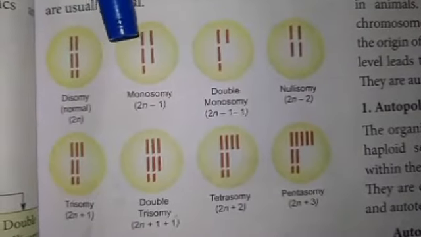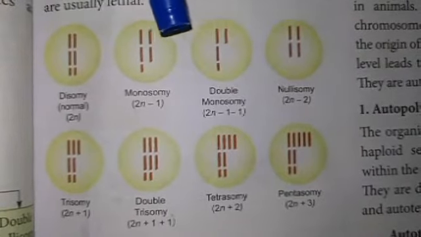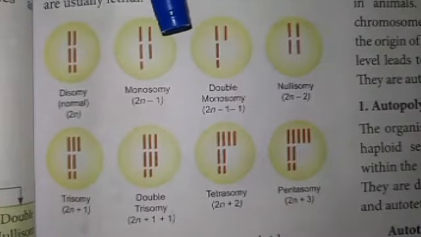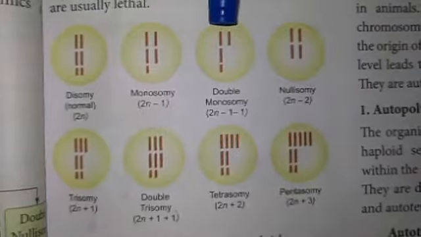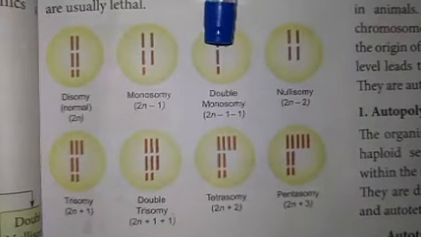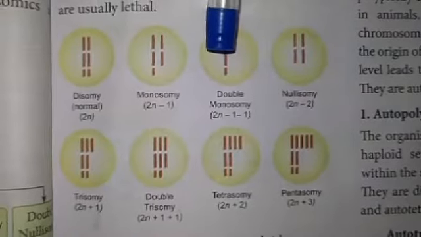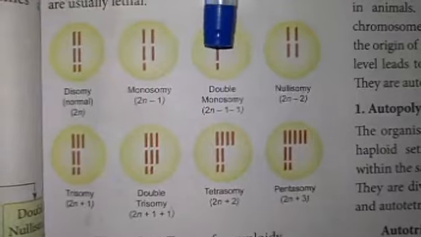However, the loss of two or three individual chromosomes is called a double monosomy or triple monosomy. In double or triple monosomy, two or three individual chromosomes from different pairs of the diploid set are removed.